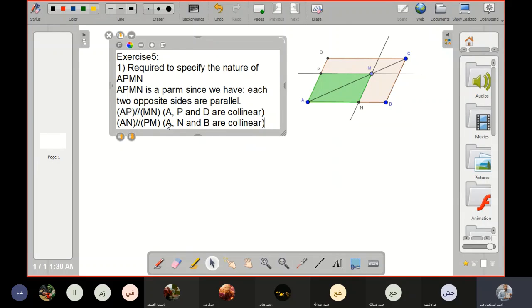So this is why this quadrilateral APMN is a parallelogram.